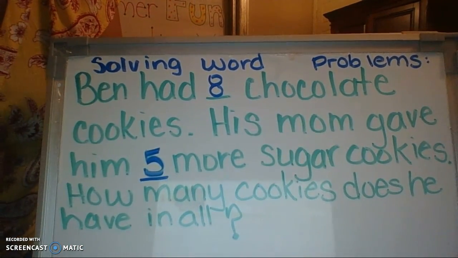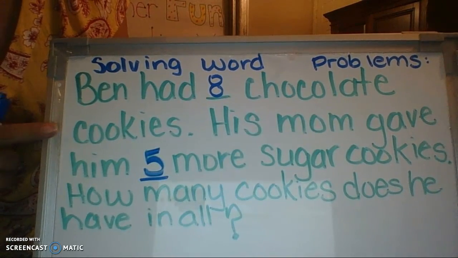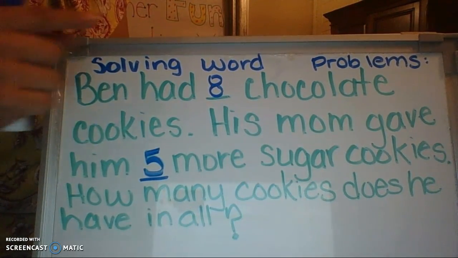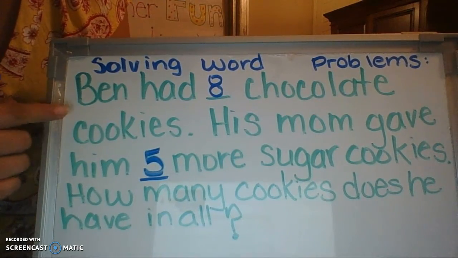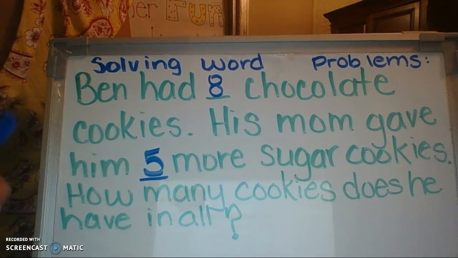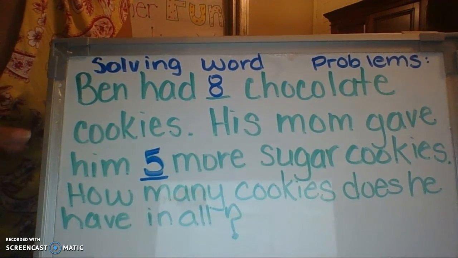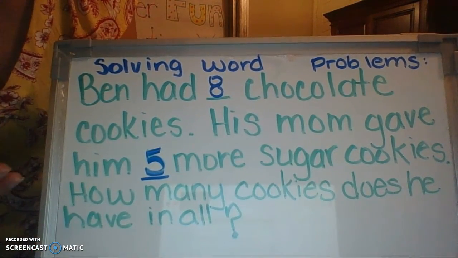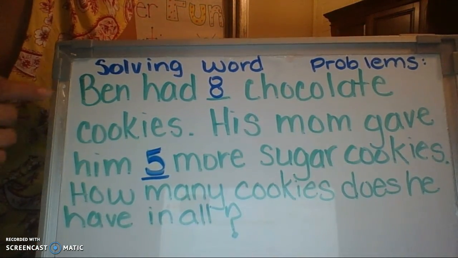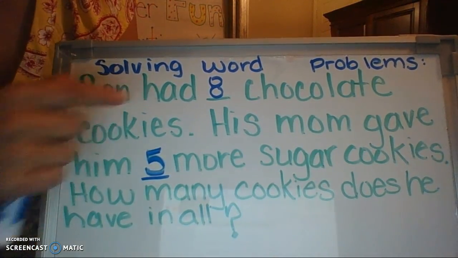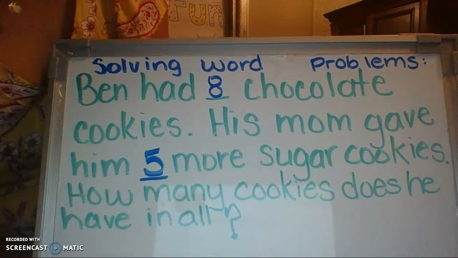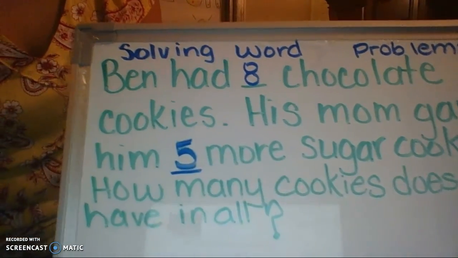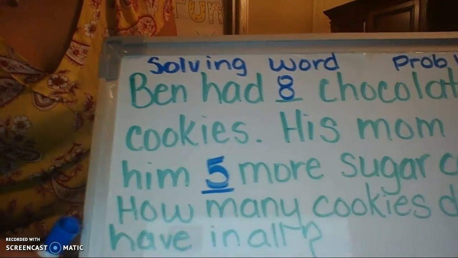Now remember also one of the things we used to do in the mornings when we were solving our word problems is we used to underline important information, because that's going to help us determine whether we should add or subtract. Okay, now boys and girls, Ben had 8 chocolate cookies.